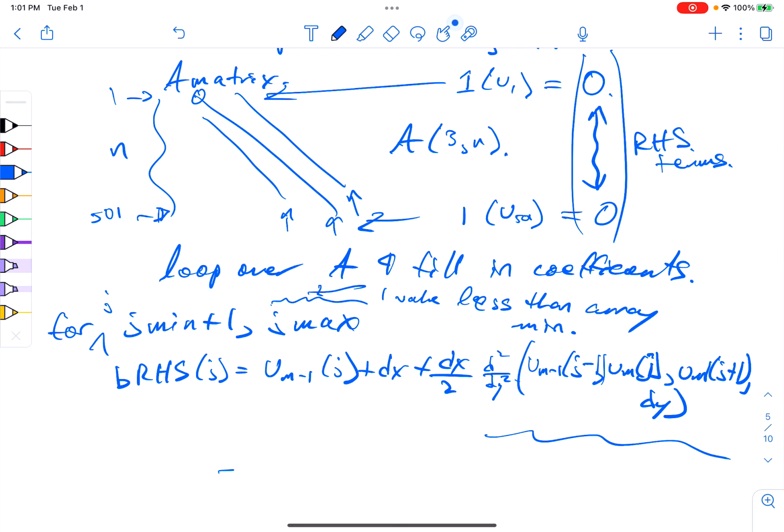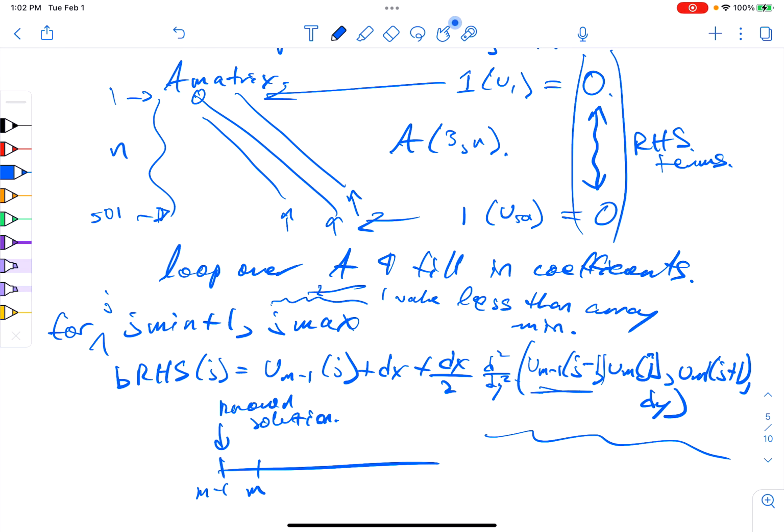So in my code, for some reason, because I was looping over i's and j's in my loops, I call my indices m and m minus 1. So this is my known solution. I'm calling this um minus 1. That is the known initial condition, or whatever is happening at grid point m minus 1. I'm trying to solve for grid point m.